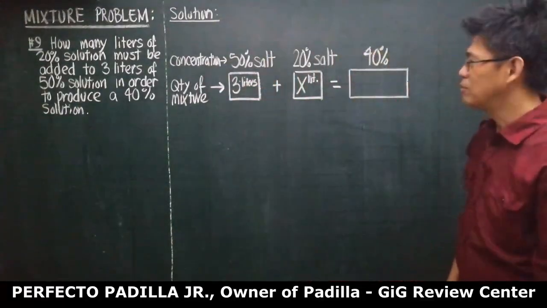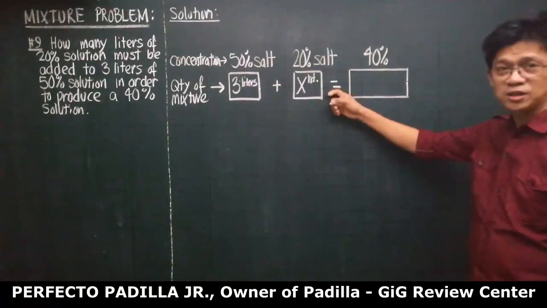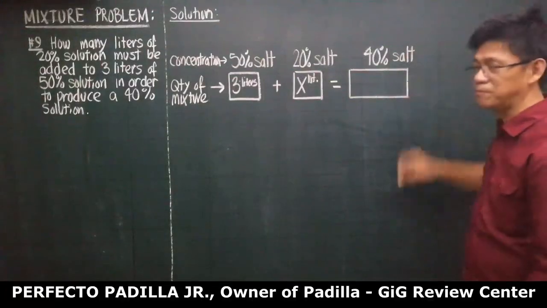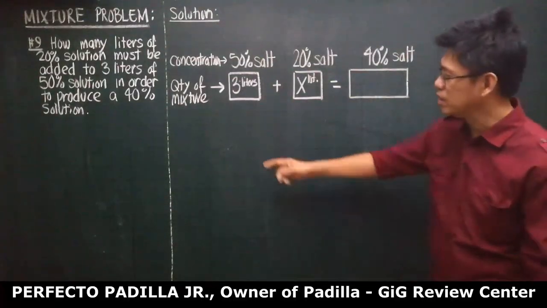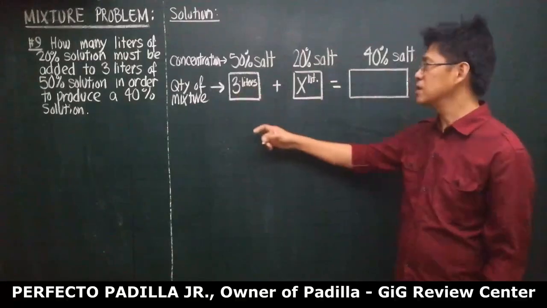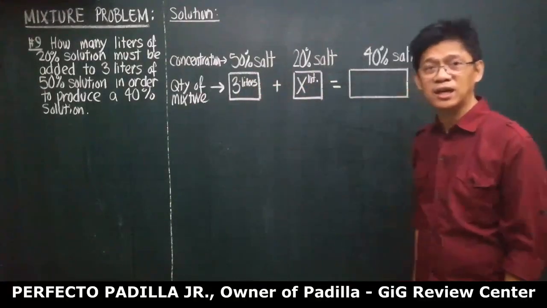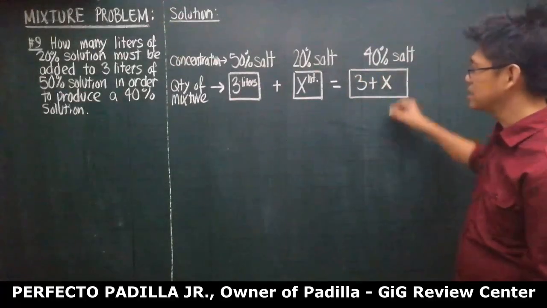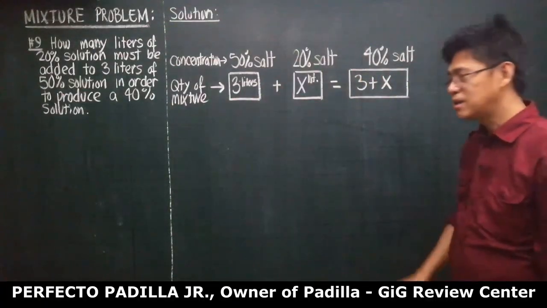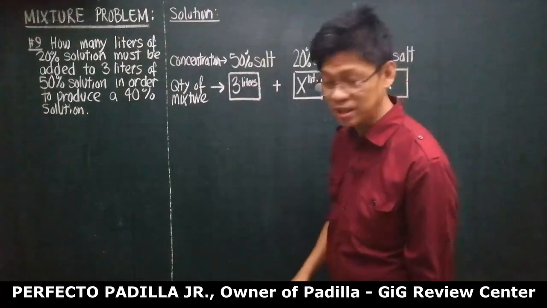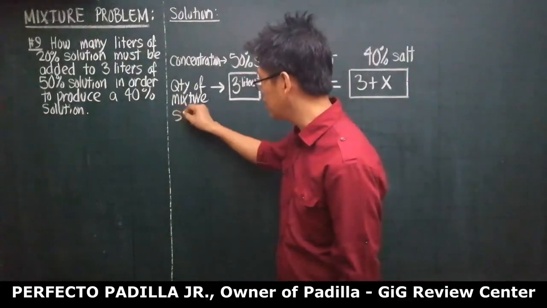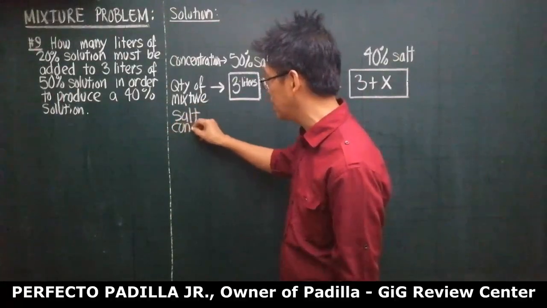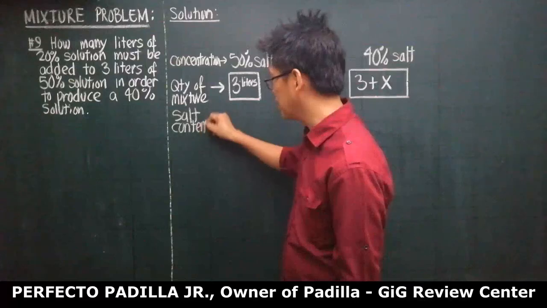Okay? Now, in order to produce 40% salt solution, it's simple common sense. You have 3 liters. Nagdagdag ka ng x liters. Ilan ang kakalabasan? That would be 3 plus x liters. The key equation is as simple as this. You consider the amount of solute, in this particular case, salt content.